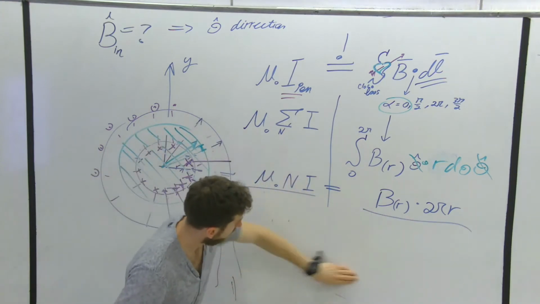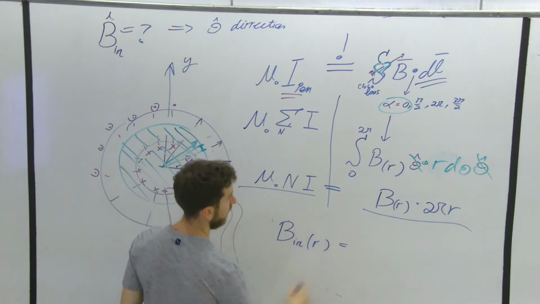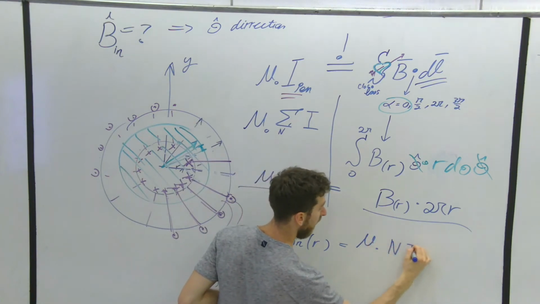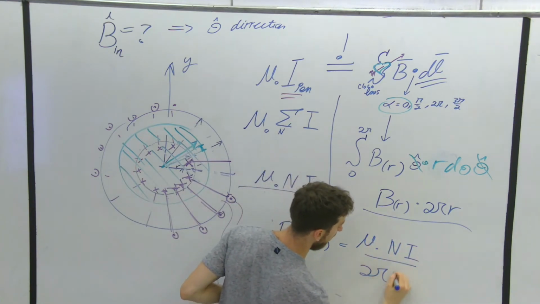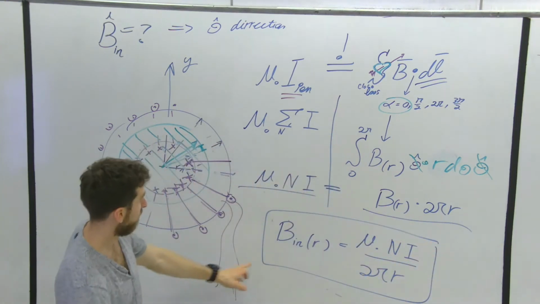So we're getting that B inside is equal to this divided by this: mu0 n I divided by 2 pi r. So this is the magnetic field inside.